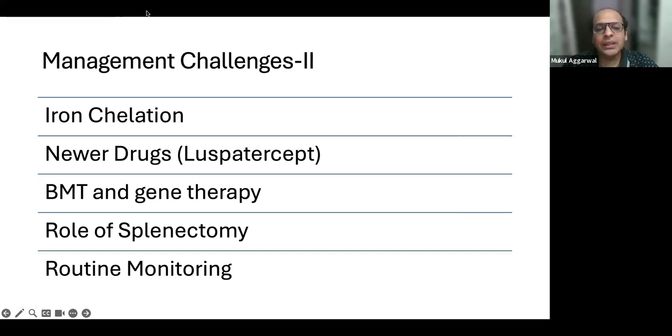What it gives is freedom from blood transfusion and associated side effects after some time. What happens is you have an HLA match sibling donor or a match unrelated donor from whom stem cells are collected from the blood or bone marrow. These stem cells are processed or cryopreserved.